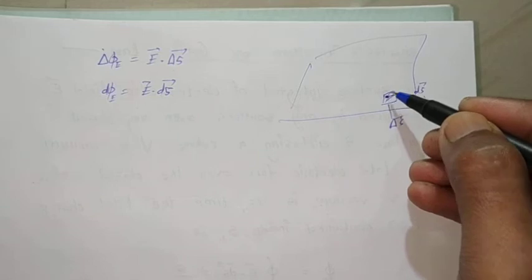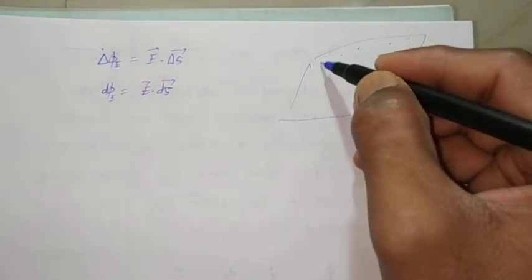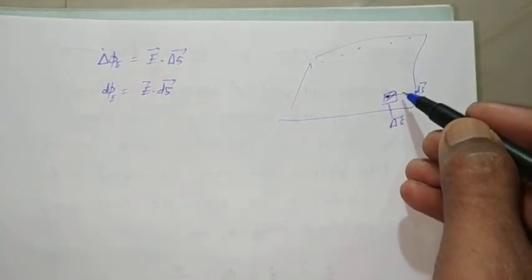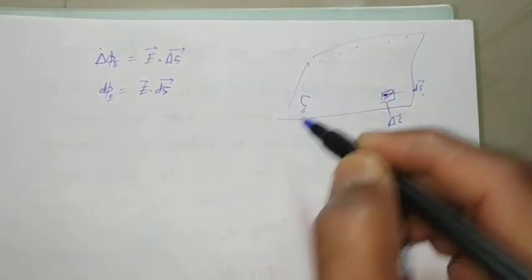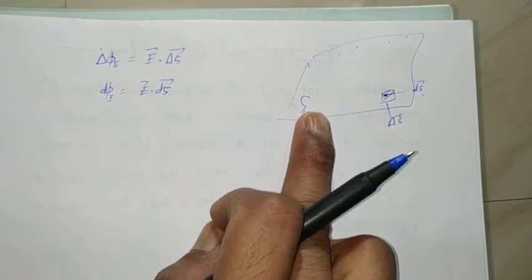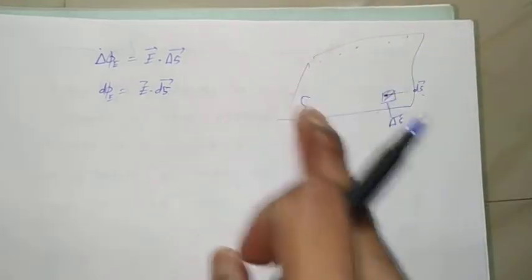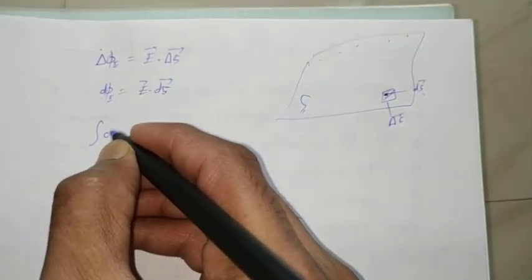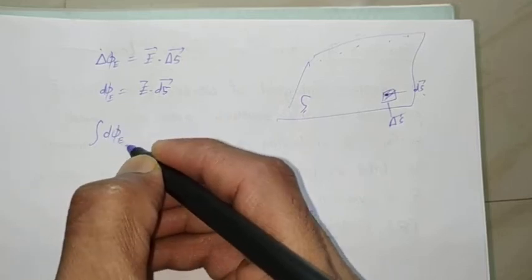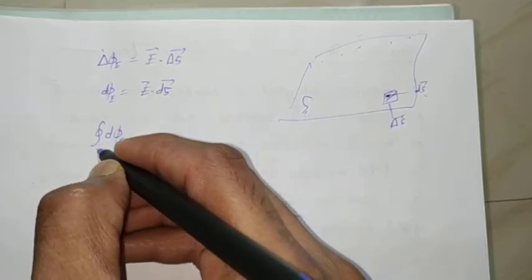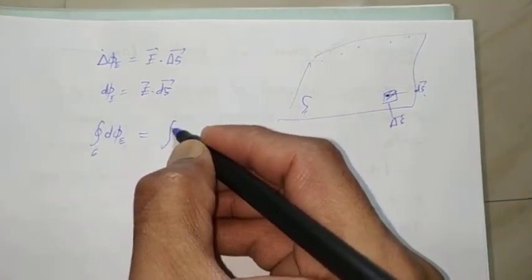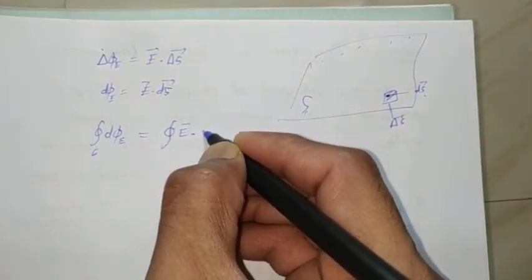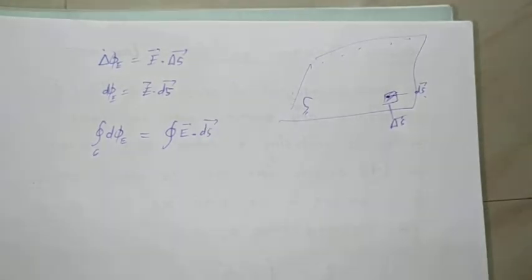Now consider this dS, the smallest element, for this whole area, for this whole S. So we have to calculate the electric flux passing through this whole surface. We can integrate d phi E over this whole surface, and this will be the surface integral of E dot dS.